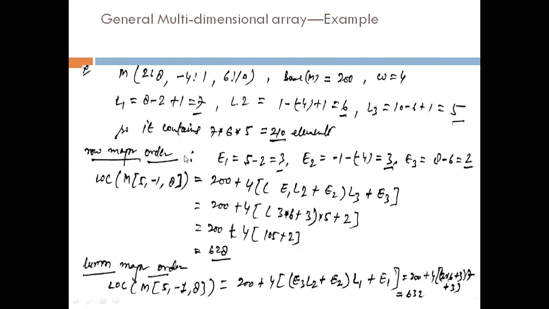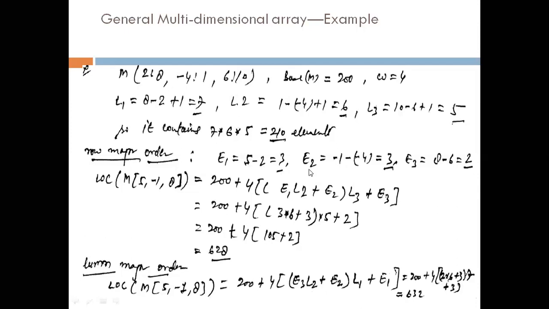Now we should compute the effective indices. Suppose we want to compute the address of the element with 5 in the first dimension, minus 1 in the second dimension, and 8 in the third dimension. Then you know the formula: 5 minus its lower bound, that is 2. So 5 minus 2, 3 is the effective index.